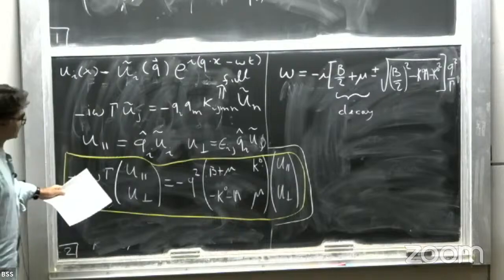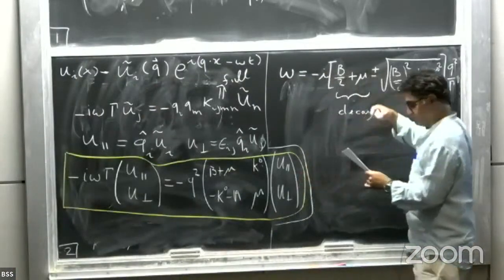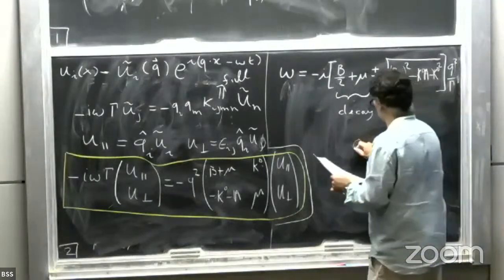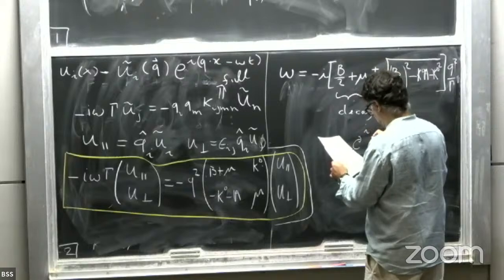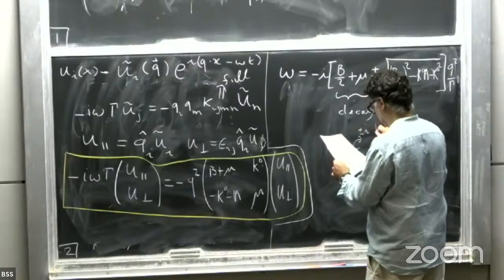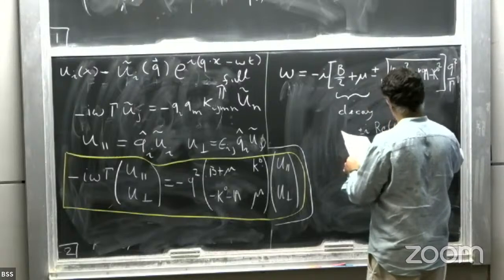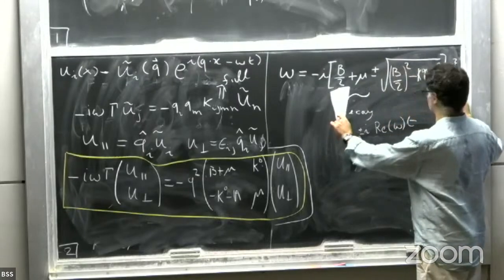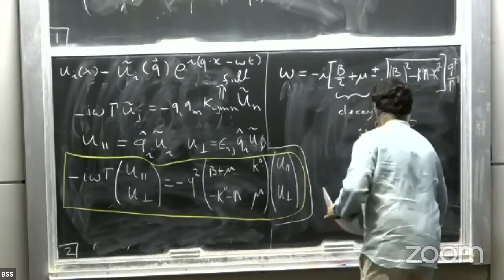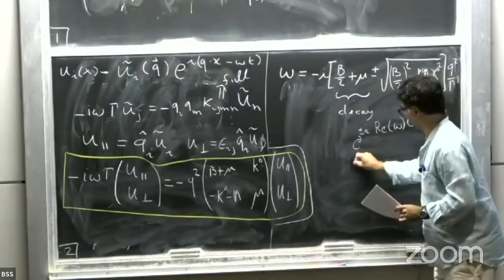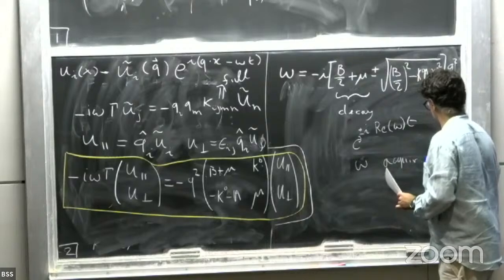So the onset, in principle, is very simple to calculate. The onset of this propagation occurs when e to the plus minus i real of omega t. So you want essentially omega to acquire a real part.